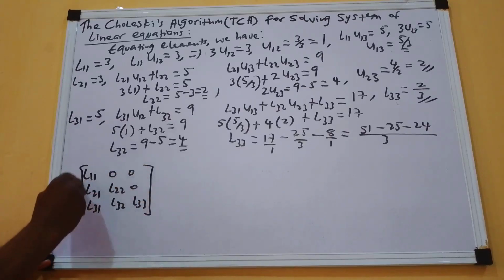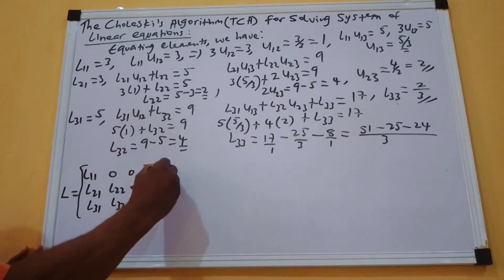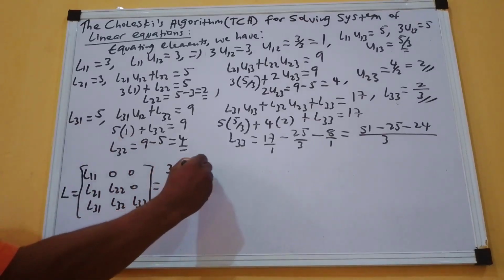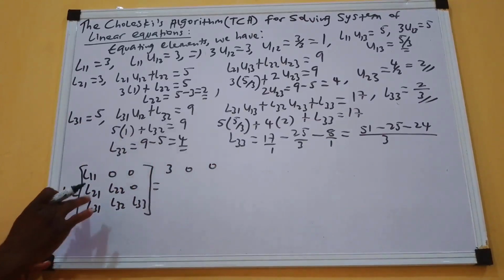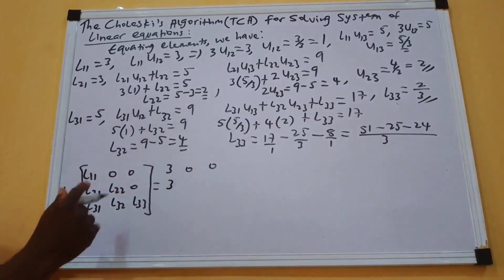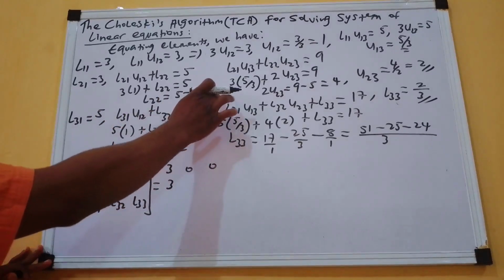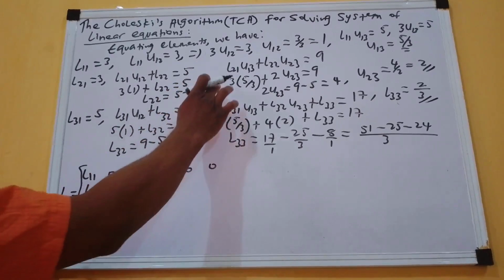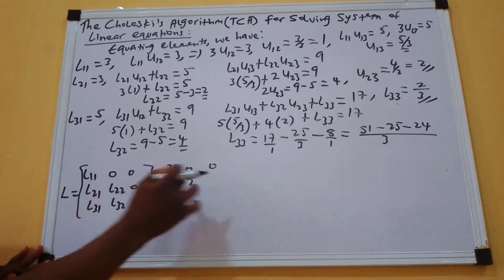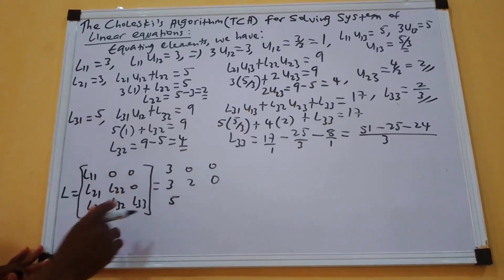Now let's put the values. So what is our L11? Our L11 is 3. Look at L11 here. Then you put your 0 and 0. Then what is our L21? Our L21 is also 3. Then what is our L22? Our L22 is 2. Then you put this 0. Then what is our L31? Our L31 is 5.